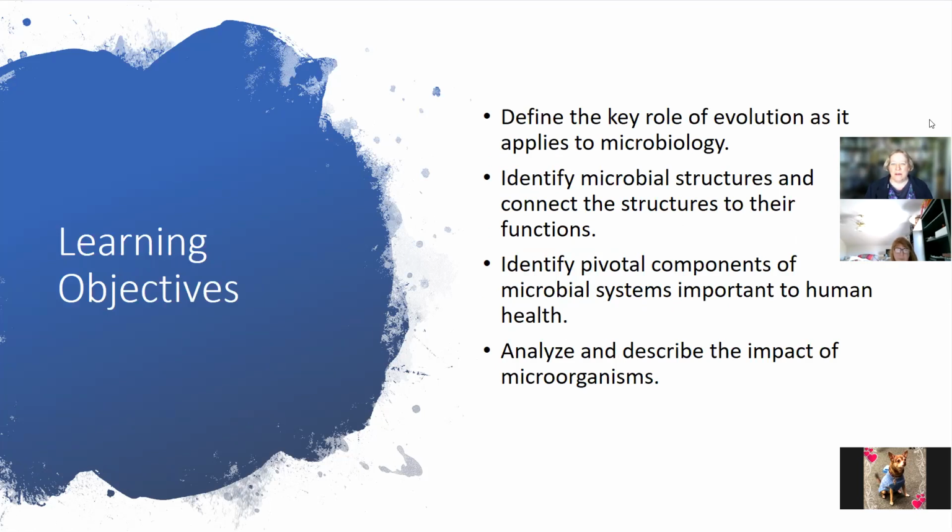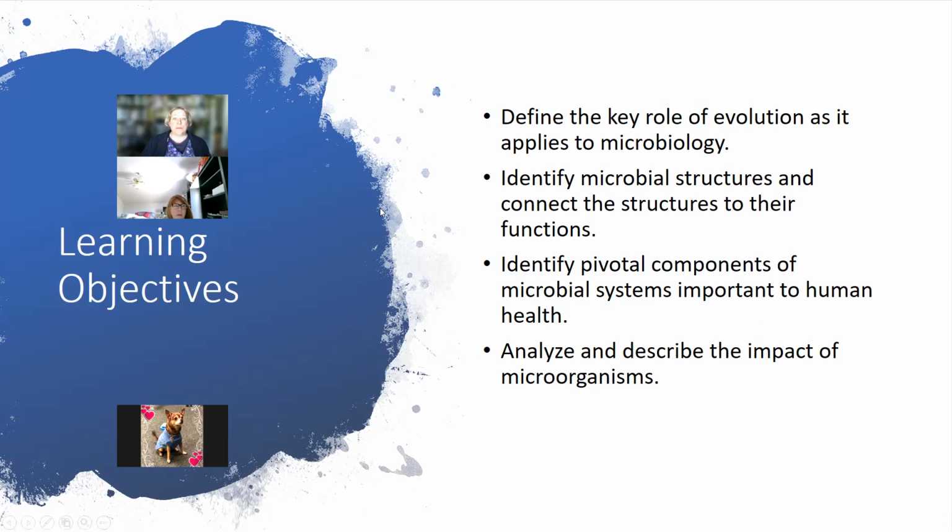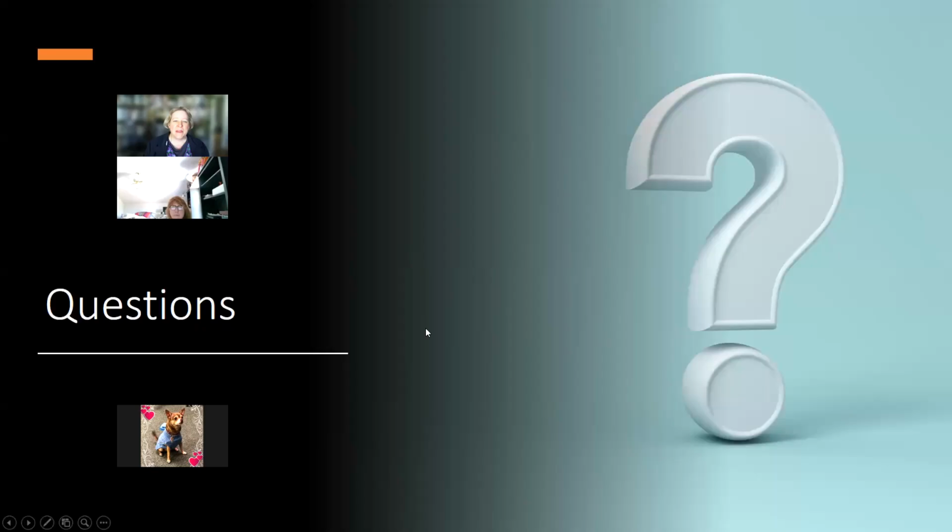Okay, first off, this chapter helps us move toward being able to meet the following learning objectives. Being able to define the key role of evolution as it applies to microbiology, identify microbial structures and connect the structures to their functions, identify pivotal components of microbial systems important to human health, and analyze and describe the impact of microorganisms.